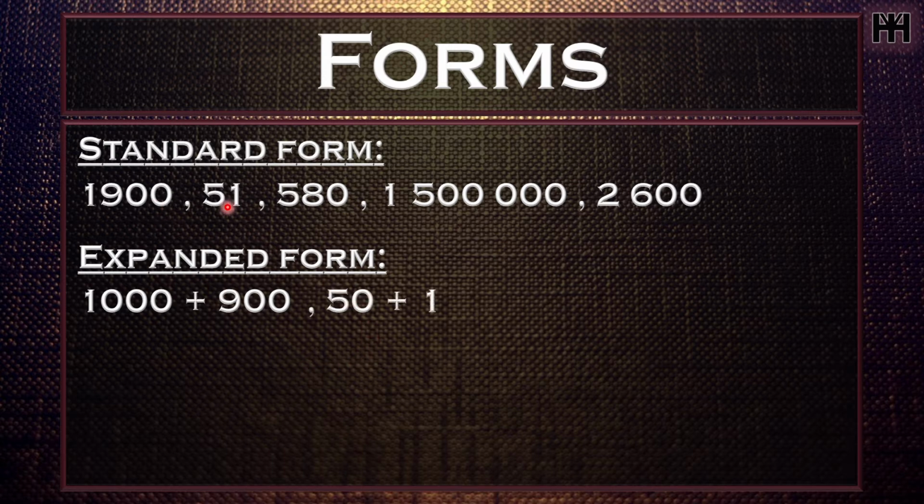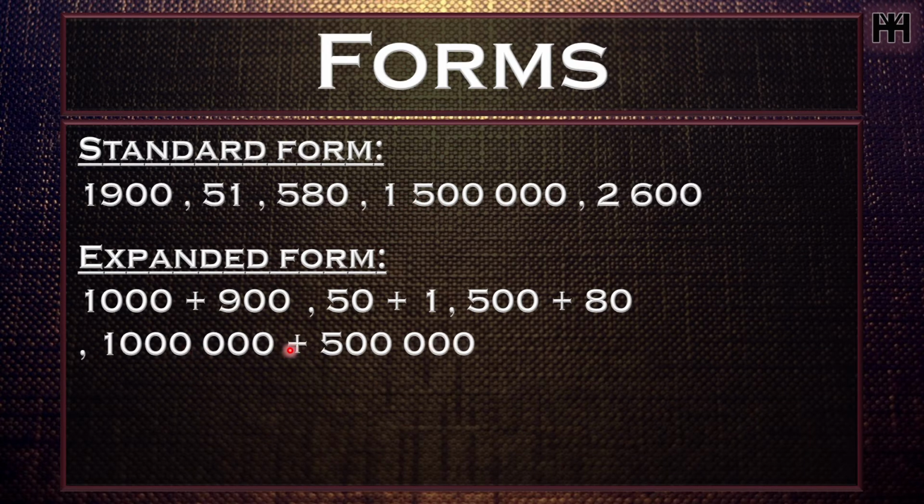Let's see here 50 and 1. We separated both of them, 50 plus 1. 580: let's separate the 500 and the 80, 500 plus 80. 1,500,000 will be 1 million plus 500,000. 2600 will be 2000 plus 600.